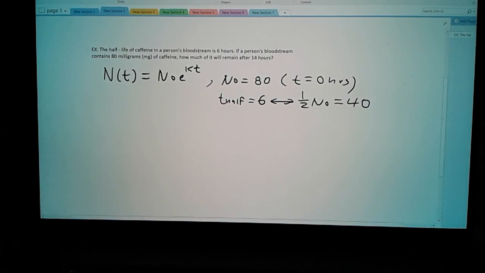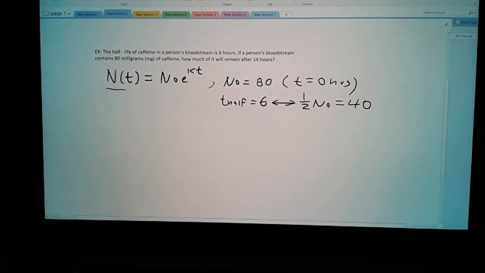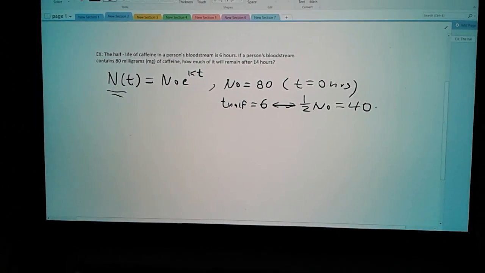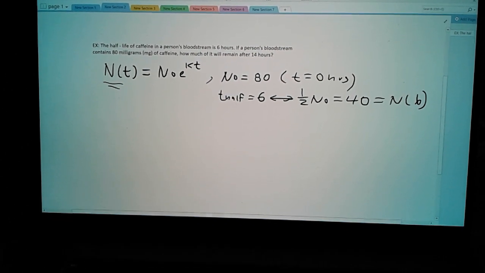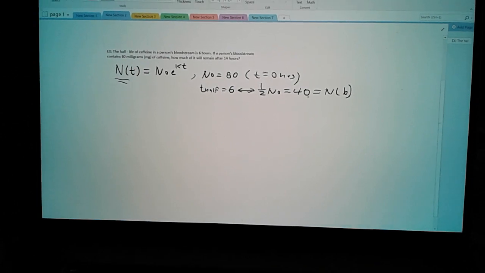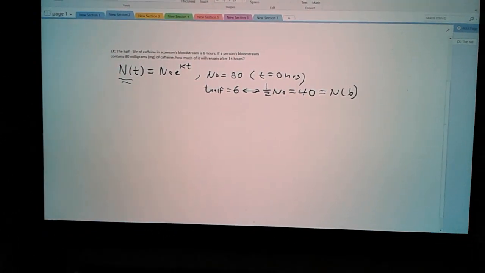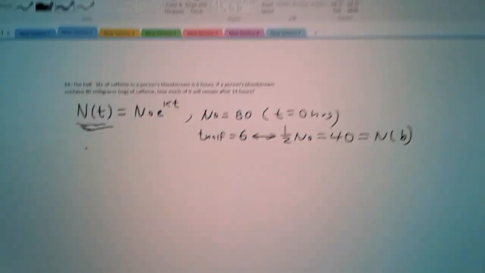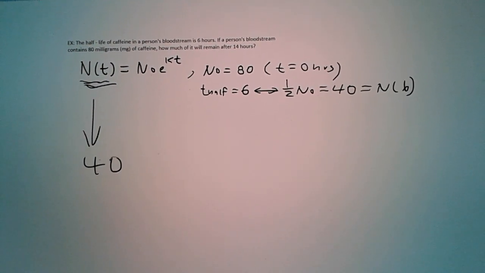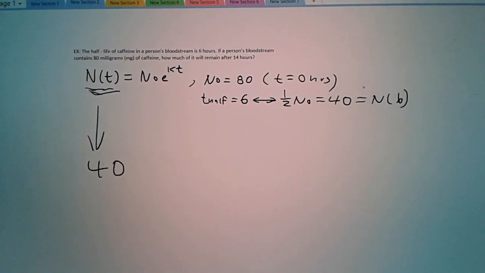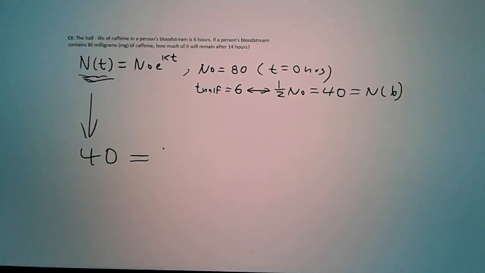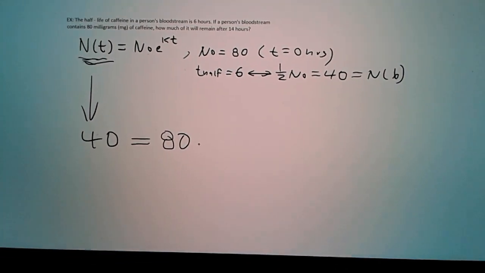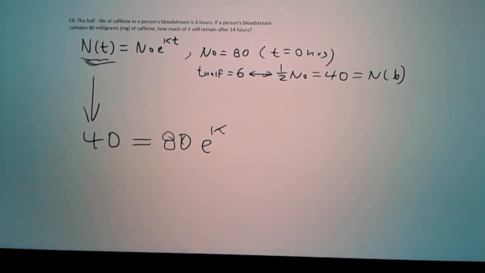So therefore, that's like an amount. So this means that my N of 6 is going to be 40. So I need to put in 40 on this side of the equation. That's my N of t, or N of 6. The initial amount is still 80. E to the kt.